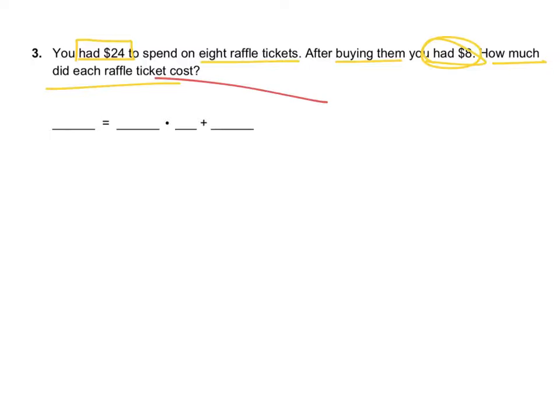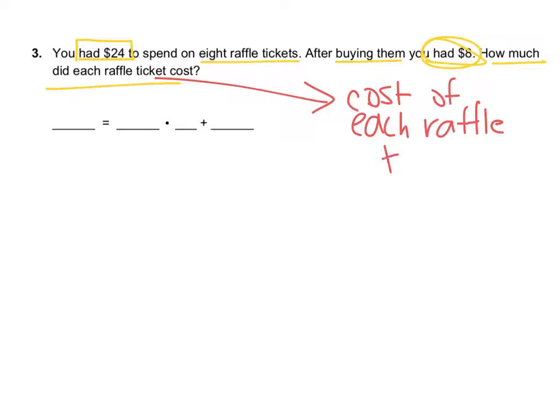So again, we want to identify the unknown, which would be the cost of each raffle ticket. So the cost of each raffle ticket is our unknown. We're going to come up with a variable or a letter to represent the unknown, and I'm going to use the letter C to represent the cost.